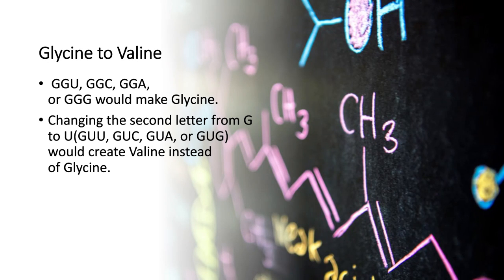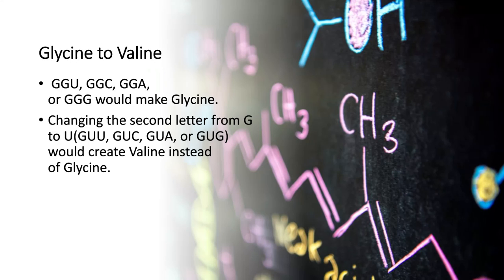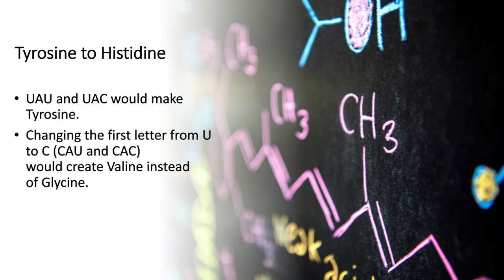Again, you can go back and see on this chart that those make that amino acid. The other mutation would be from tyrosine to histidine, and for this one, changing that first letter from U to C would create histidine.